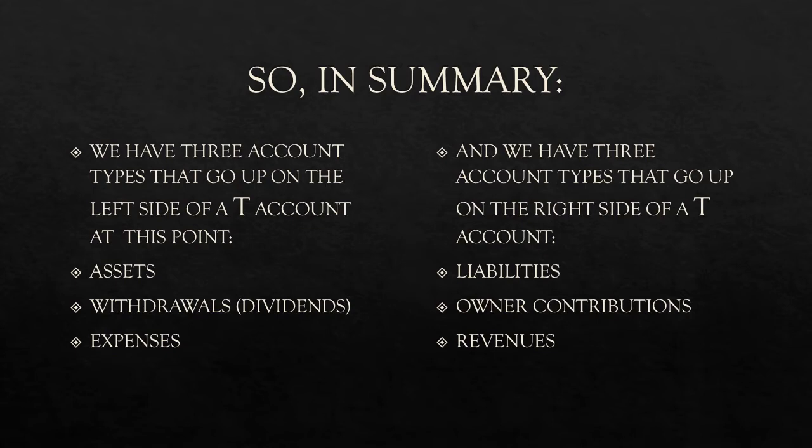Now, you should also know that later on, when we talk about accounts receivable and long-term assets, we talk about accumulated depreciation, which goes on the right-hand side because that's a reduction of the asset. We talk about the allowance for doubtful accounts, which is a drag on the accounts receivable, so that goes on the right-hand side as well. I think if you think about these long enough, you'll realize that they're very logical.